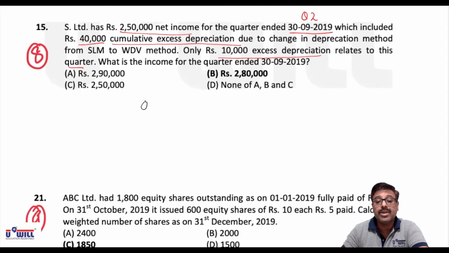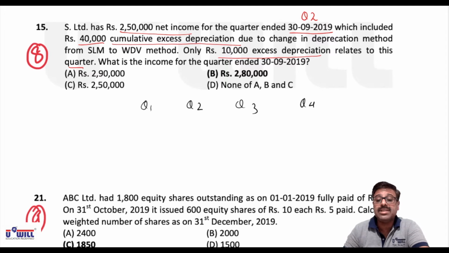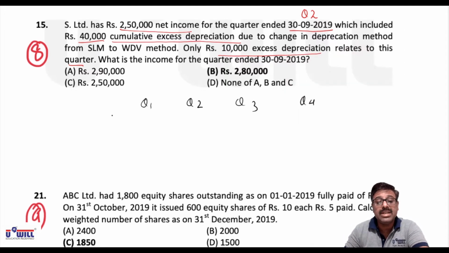First of all, again all of you write quarter 1, 2, 3 and 4. Now, 40,000 of cumulative excess depreciation is due to change in method and only 10,000 relates to this quarter, means what should have been done regarding this depreciation in quarter 2? Only 10,000 relates, so we should have taken 10,000 of depreciation only.